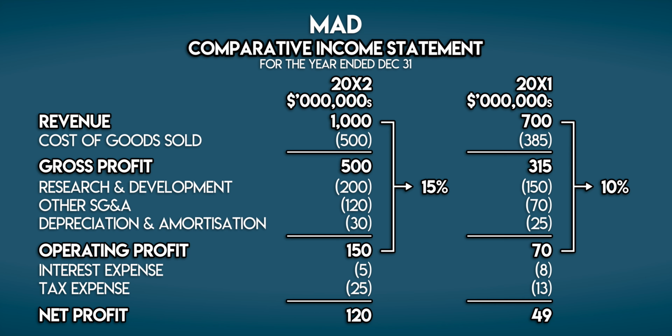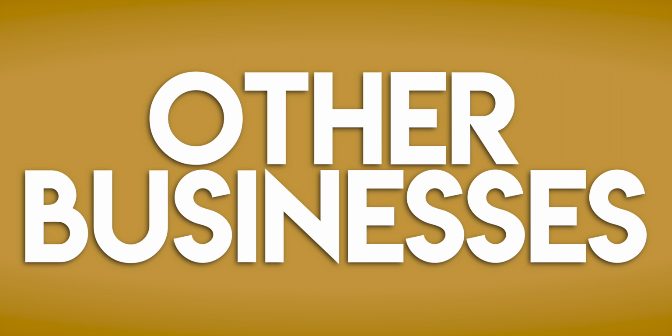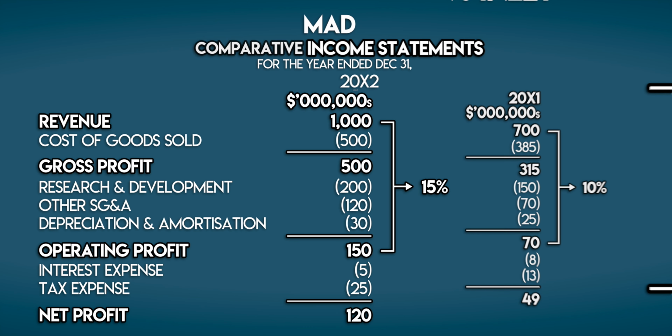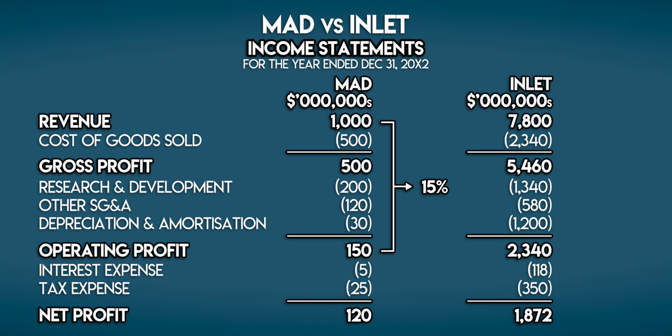We can also compare operating profit margin against similar businesses. This time we've got the current year income statements for MAD and Inlet, two competitors in the same industry. Inlet is the market leader in semiconductor products, and they earned a whopping $7.8 billion in revenue, and their operating profit was $2.34 billion. 2.34 divided by 7.8 is 0.3 or 30%.